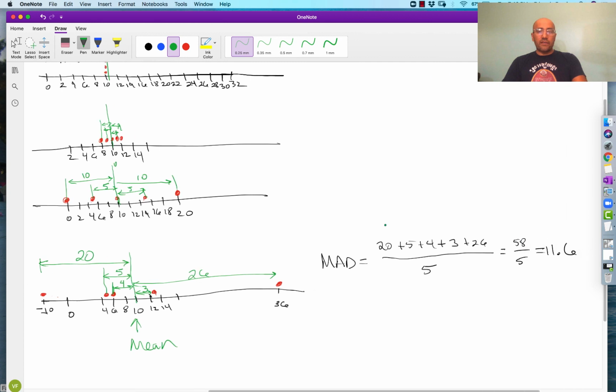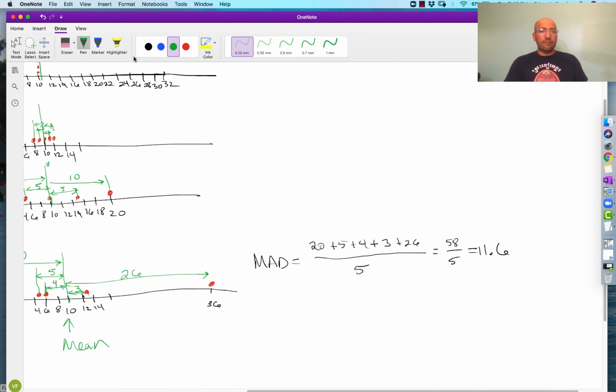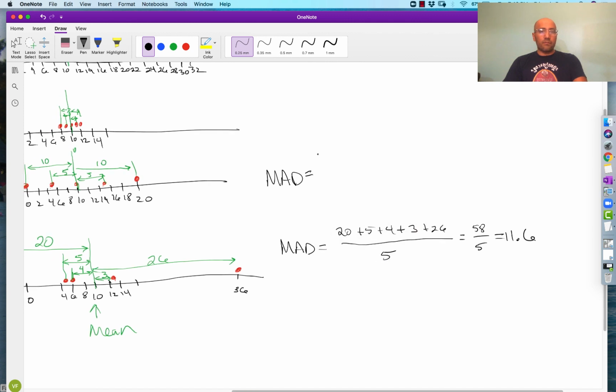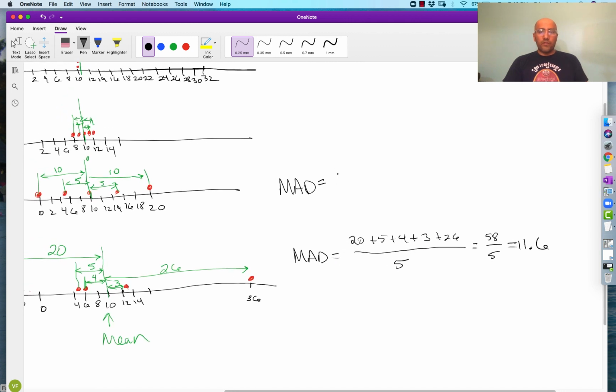Okay, so now let's calculate the MAD score for this set. The MAD score for set number 2 is going to be the sum of all of those values, which is going to be equal to 10 plus 5 plus the 0 plus a 5 plus another 10, and divide that by 5.